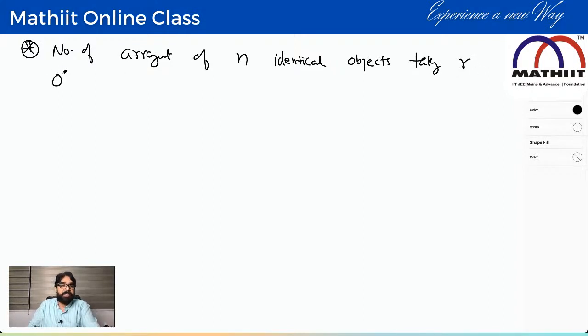Taking r objects at a time will be, speak out, there are n objects, I want to arrange r objects. Everybody? Second part, if somebody has difficulty in the previous, I will re-explain, don't worry.